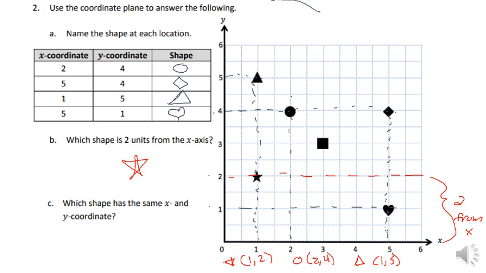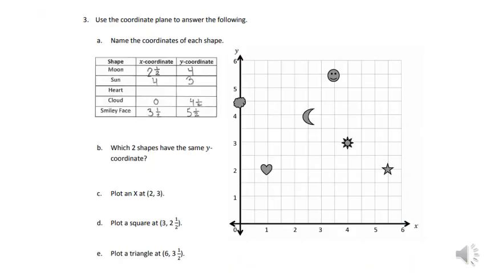The triangle would be 1, 5. So we haven't found anything with the same yet. Our square would actually be 3, 3. So we can see that the square is the one that would be the same because it's 3, 3.